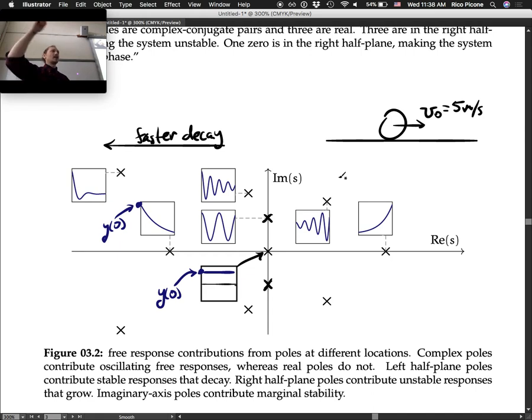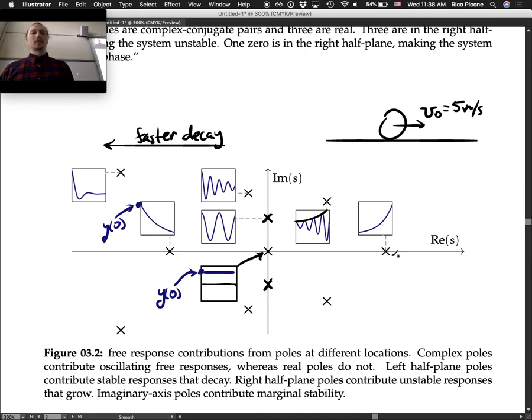So every time it comes back up, it grows, and this has an exponential envelope that's growing instead of decaying. So when our pole pair has a real part that's positive, we have this unstable behavior, okay?